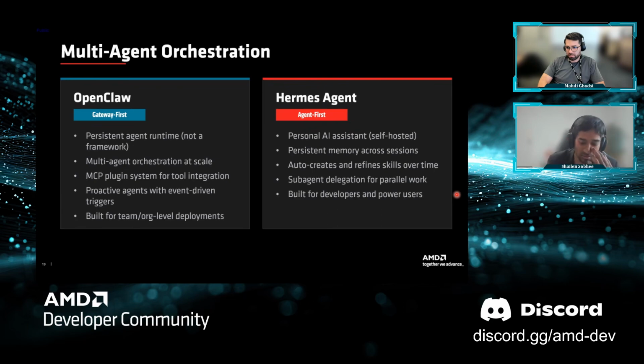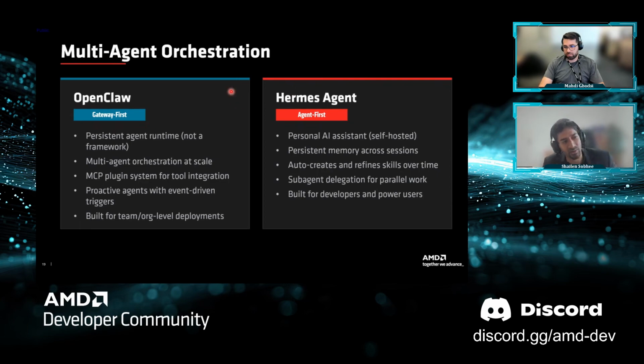And because it's a gateway first, you can have proactive agents that are always on and they respond to events happening. You can connect it to your phone through Telegram, WhatsApp, and so on, and they wake up whenever you call them. So this is great.